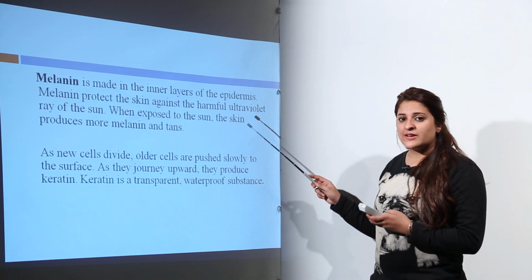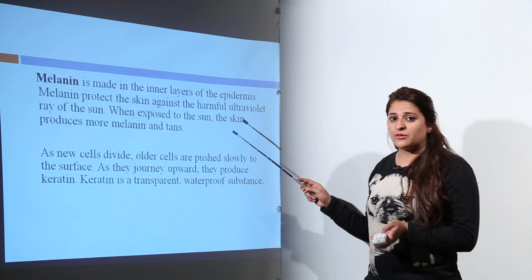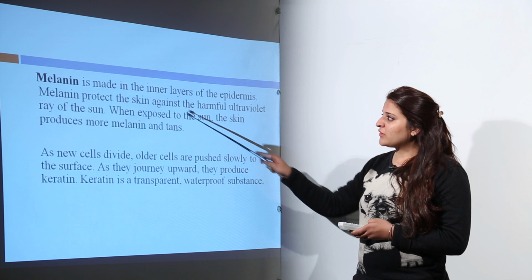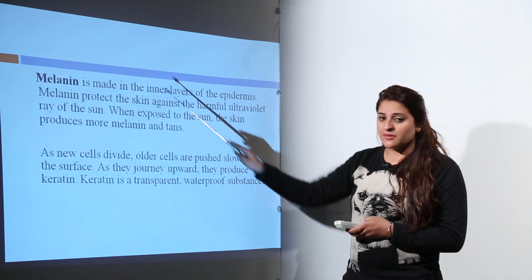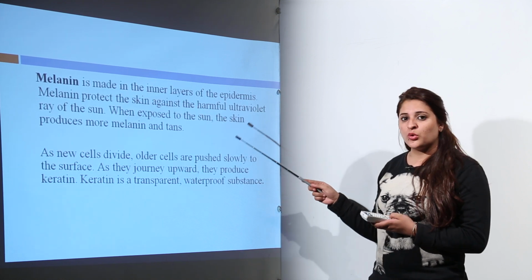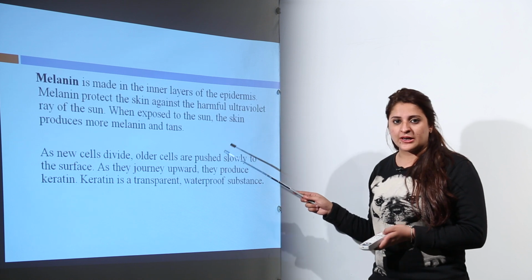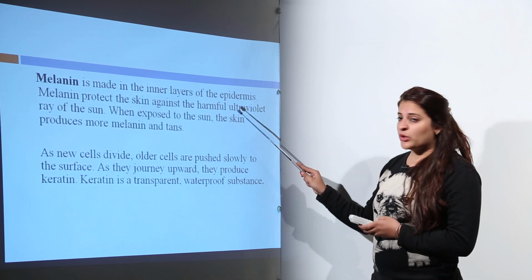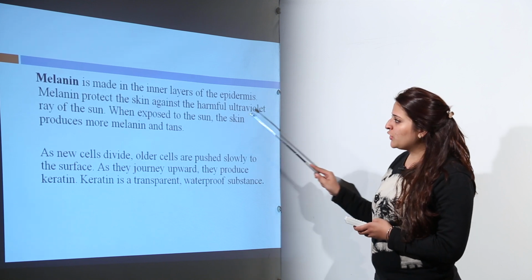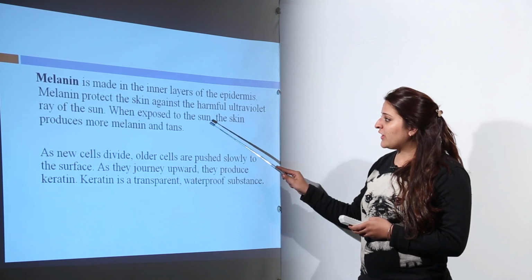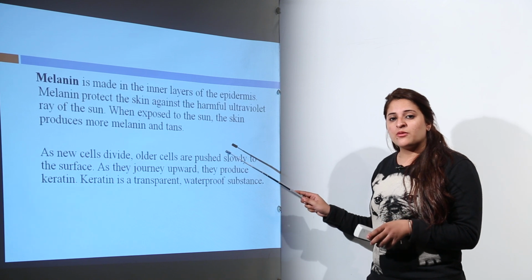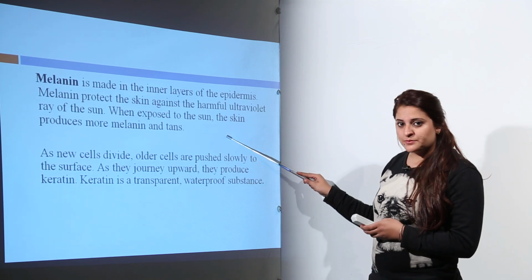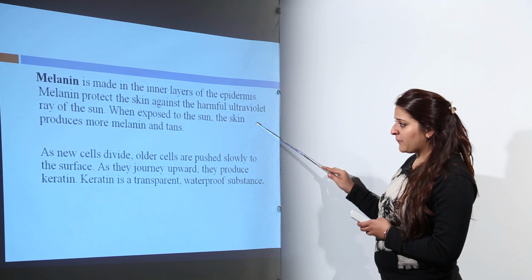The color of human beings, from light brown to dark brown, is all due to the quantity of melanin. The more the concentration of this pigment, the darker the color of the organism. Melanin also protects our skin against harmful UV radiations, because whenever we are exposed to sun, the skin produces more and more melanin and tans. So this is what the melanin pigment is.